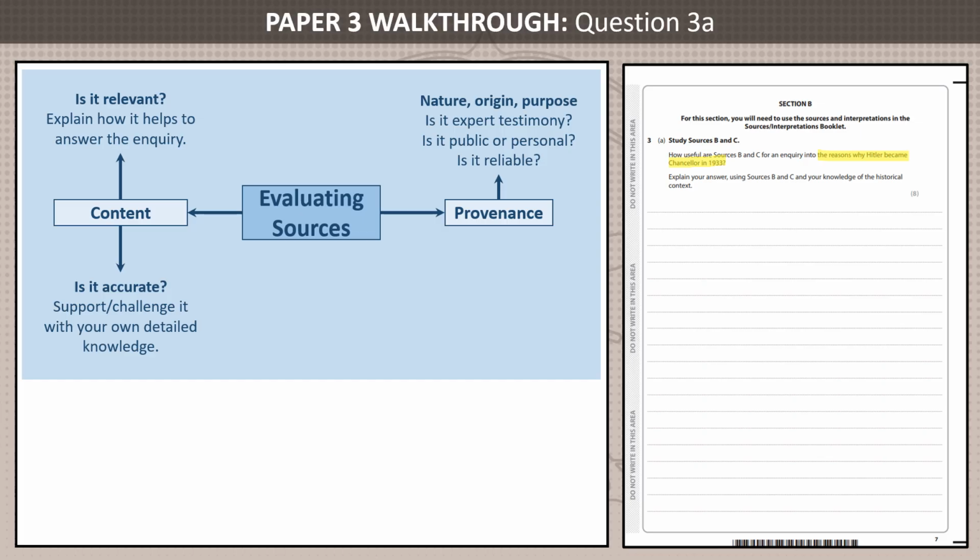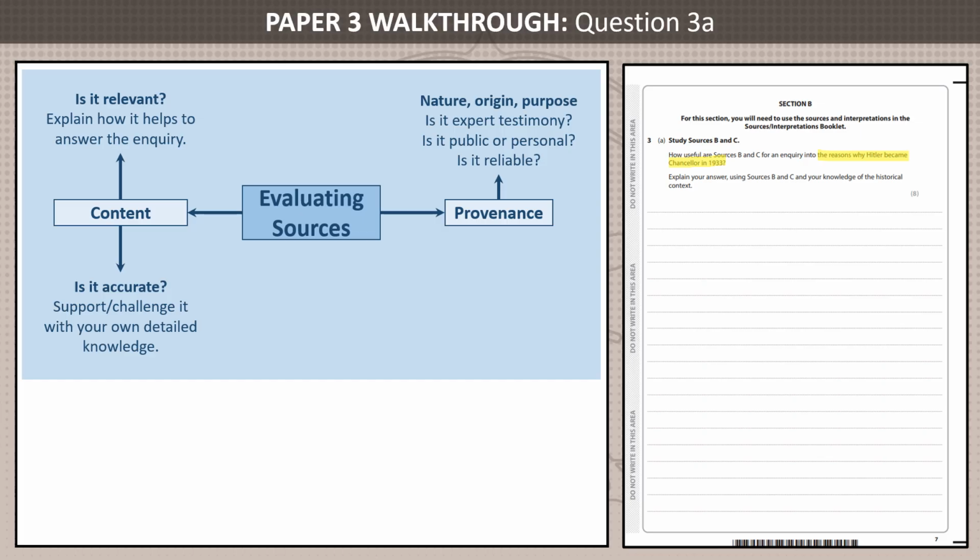With these things in mind, we could then ask ourselves, is the creator of the source an expert, providing us with expert testimony? We might think about who the source was aimed at. Was it aimed for a public audience? And does that perhaps affect what the creator has said? Or is it only designed for a private audience?